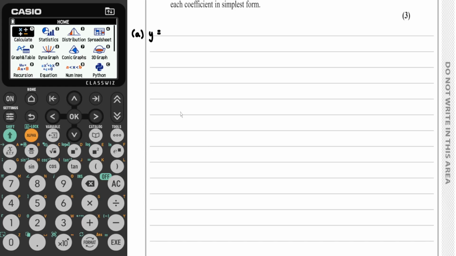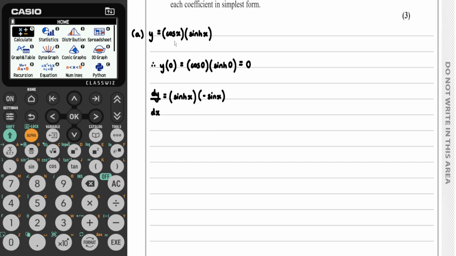We begin with y, which is cos x times hyperbolic sin x. The first thing we will do is find y of 0. That's equal to cos of 0 times hyperbolic sin of 0, which is 0. We can now find out what dy over dx is. We can do this using the product rule. We have v, which is hyperbolic sin x, times u dash, which is negative sin x, plus u, which is cos x, times v dash, which is hyperbolic cosine x.